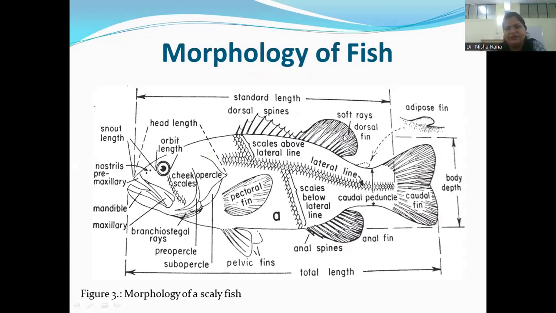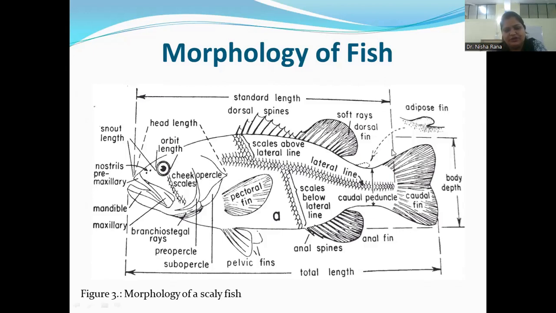You can identify a particular type of fish by touching the spine tip. If it is spiny, then you can count the spines. If it is not spiny, it is in soft form, then you can say these are the soft fin rays.